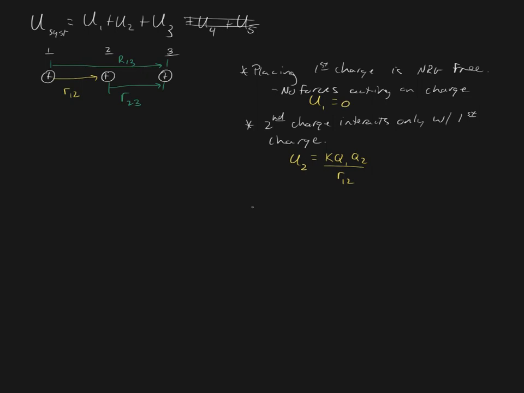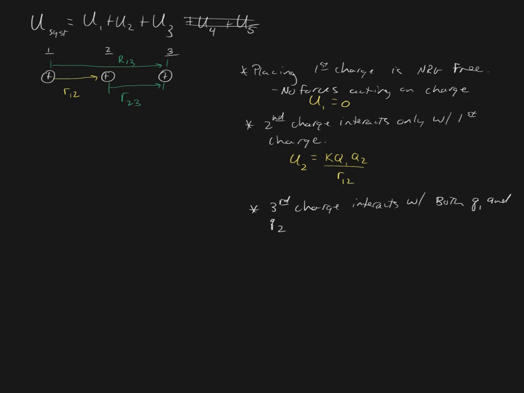All right, now finally we have the third charge. When the third charge is brought in, it not only feels a force due to charge 2, but it also feels a force due to charge 1. You must include the energy that is due to each of those interactions.